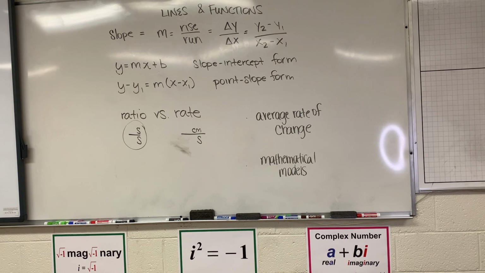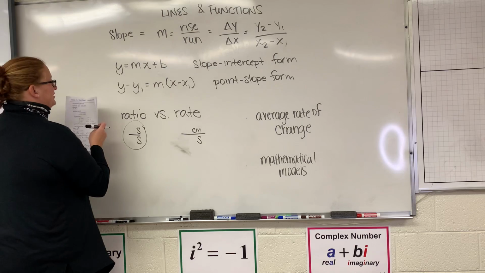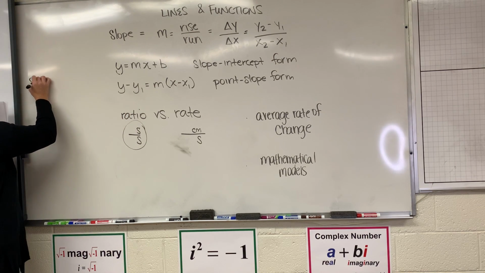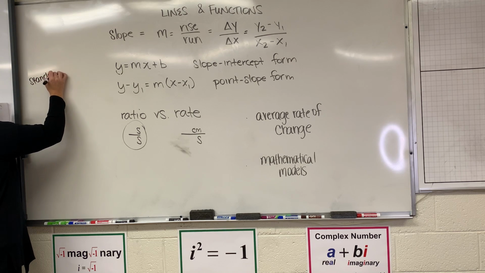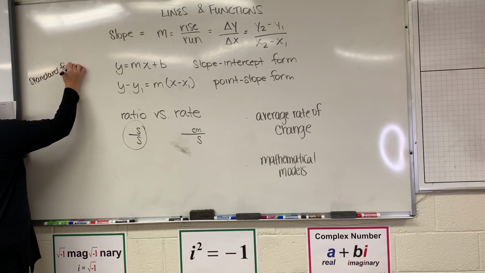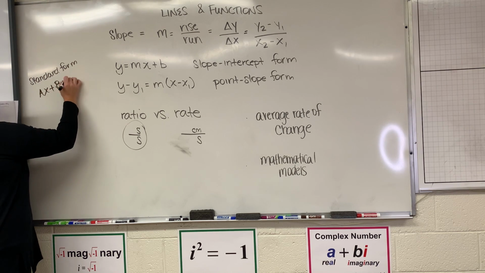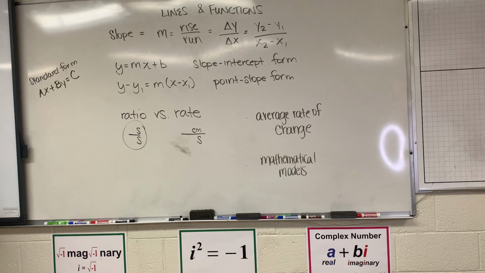Any questions there? Oh, I forgot to put one more form. We have standard form. I don't know if you guys remember from my class. That's where we have some rules, like A and B can't be a fraction, A can't be negative.